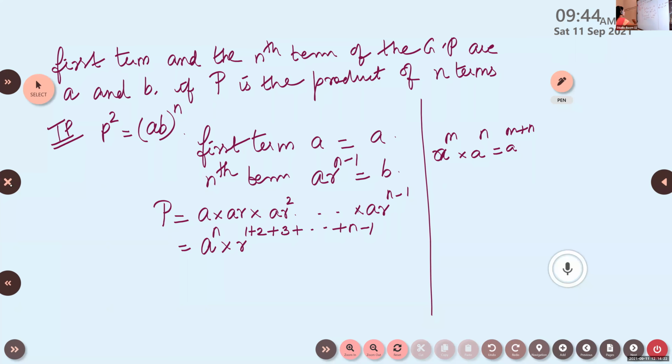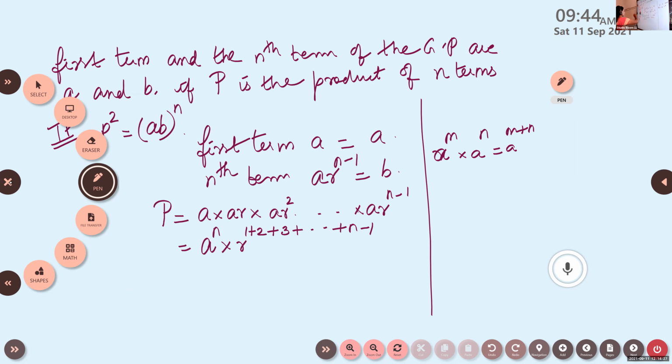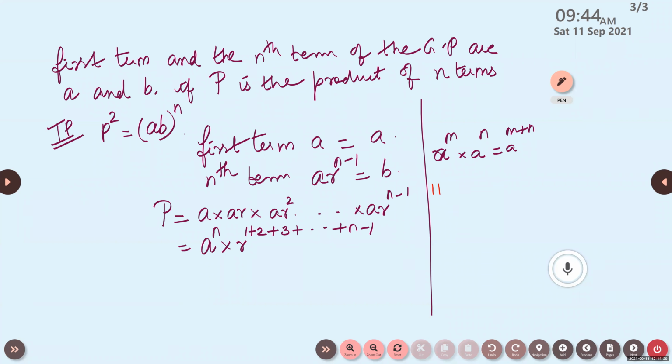What is the sum of first n natural numbers? 1 plus 2 plus etc., up to n, will be n into n plus 1 by 2. But here we add up to n minus 1. So we'll get a raised to n into r raised to n minus 1 into n by 2. Is it okay?